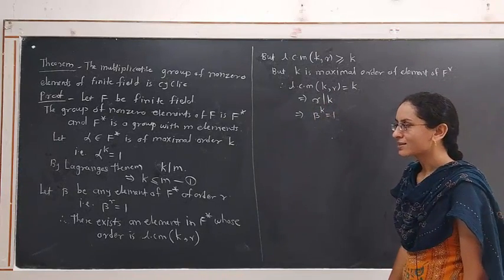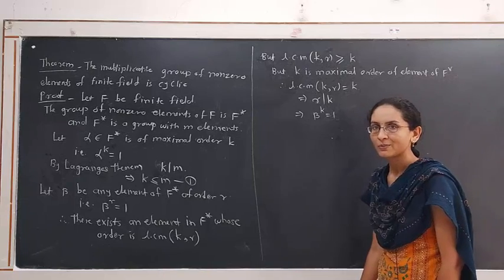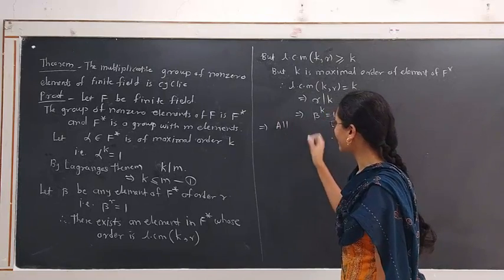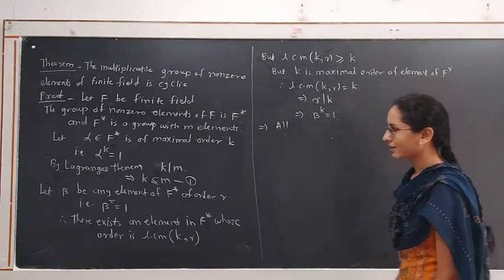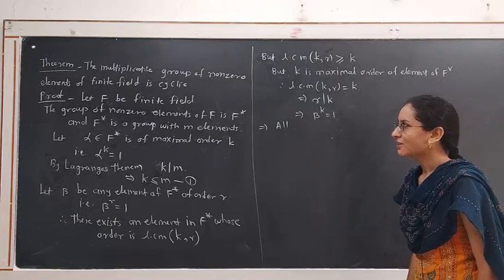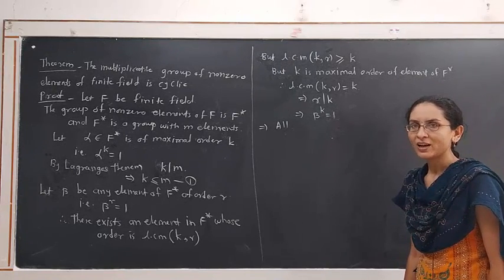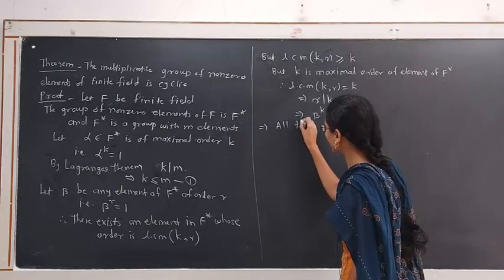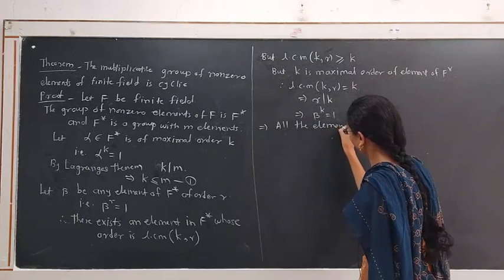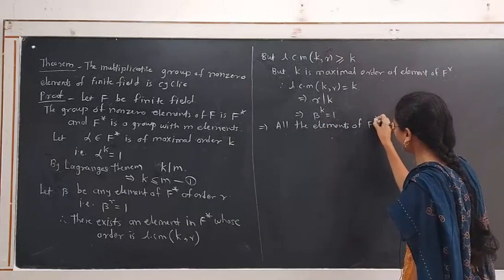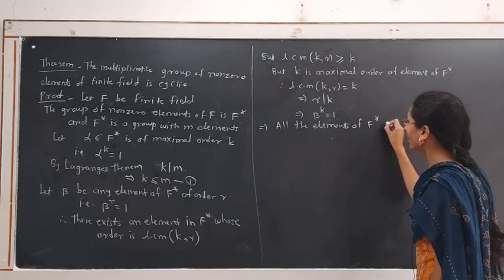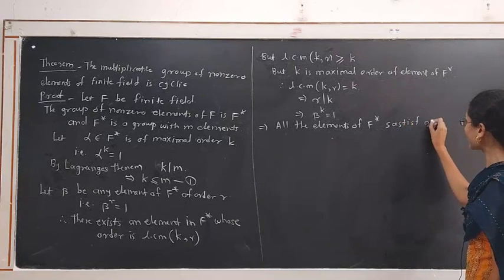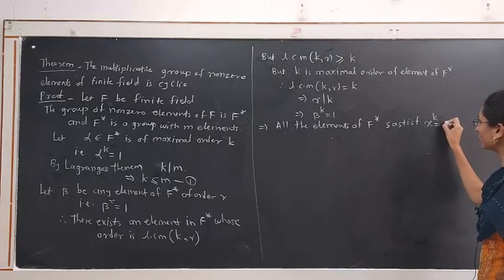What is beta? Beta is another element of F star other than alpha. As alpha and beta are arbitrary and both satisfy the power K equal to 1, in general we say all the elements of the group F star satisfy the equation x raised to K is equal to 1.